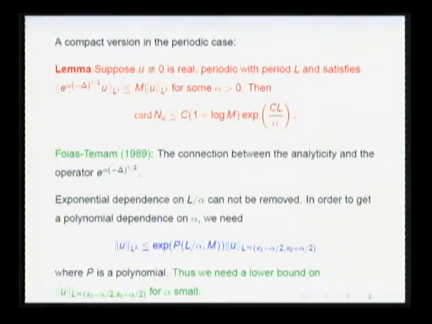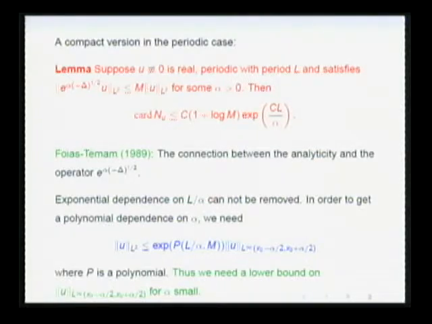So the way we always try to think is that exponential is not good. We try to get polynomial, then try to go toward something sharp, in quotation marks. All right, so to get these bounds, you actually need to compare the L2 norm on a large set with the L2 norm, or some L infinity norm or some Lp norm, on a small set of the size of the analyticity radius.